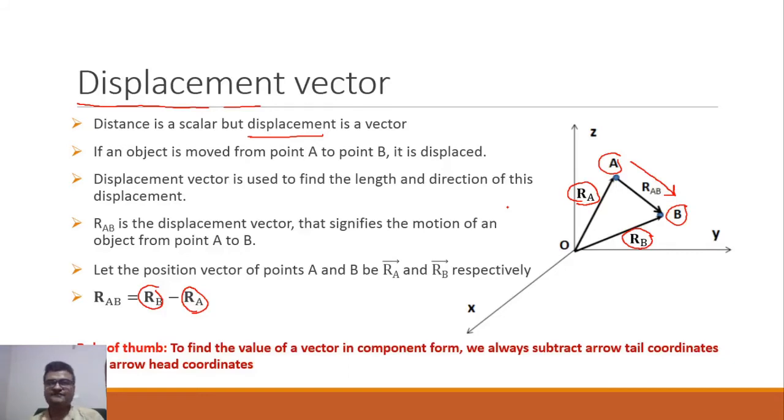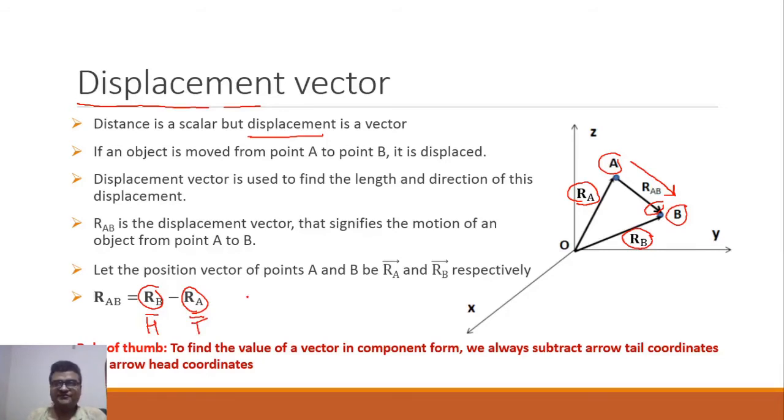The main thing we have to keep in mind is that the position vector denoting the arrowhead will be kept first in the subtraction and the tail position vector will be kept second. So we are doing head subtracted by tail. This is the most necessary step we have to take care of in every vector.